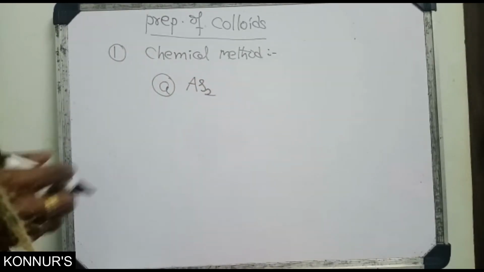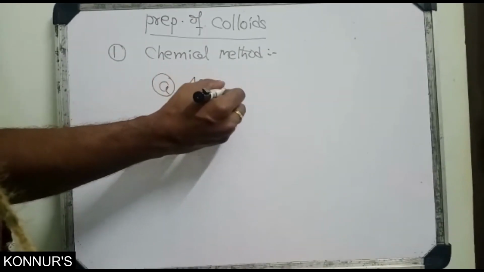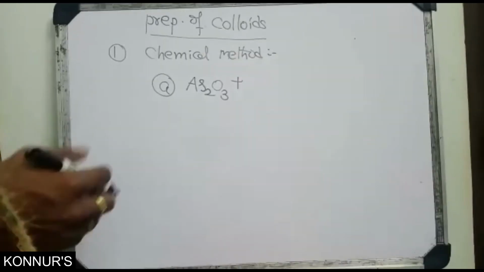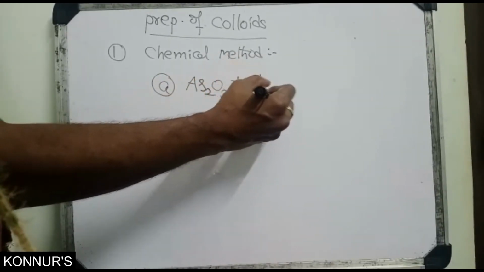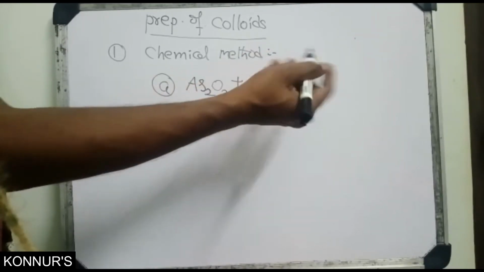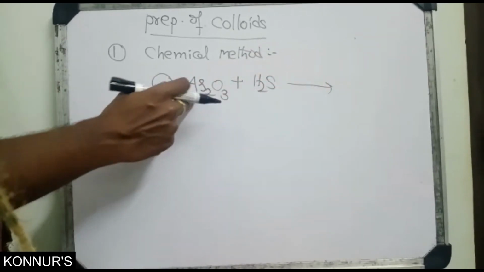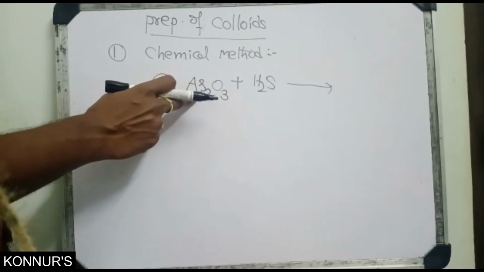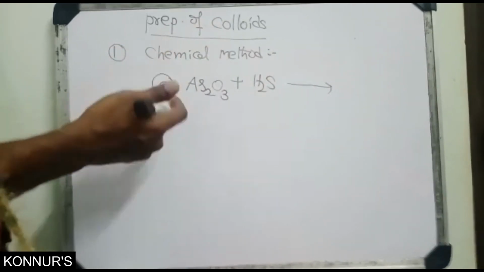Arsenic oxide is treated with H2S. That is a metal sulfide, otherwise a heavy P block element with sulfur.